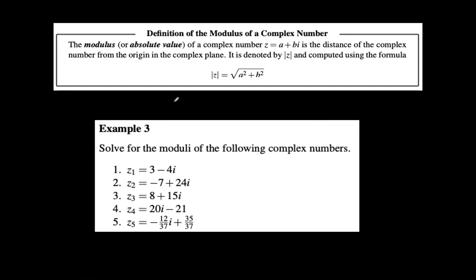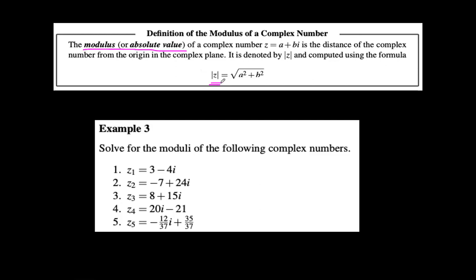Ano nga pa class yung modulus? By the way, the plural form is moduli. Alright? Or the other term for modulus is the absolute value of a complex number z. So, eto yan. So, when you take the absolute value of z, it doesn't necessarily mean that you're going to take the negative values to positive. Walang ganon sa complex number.